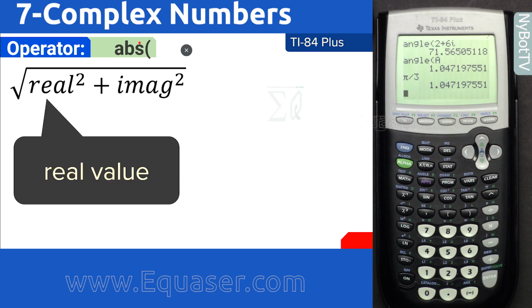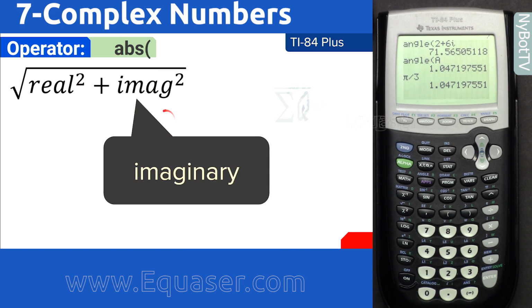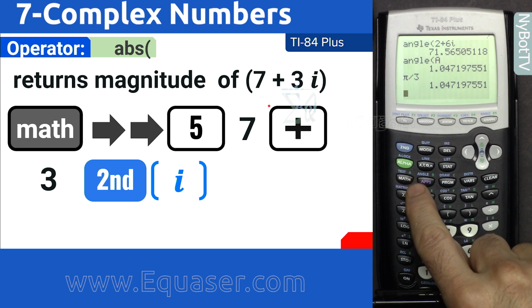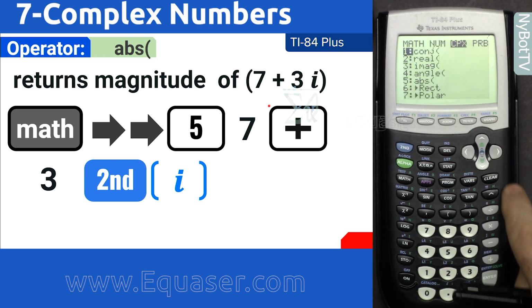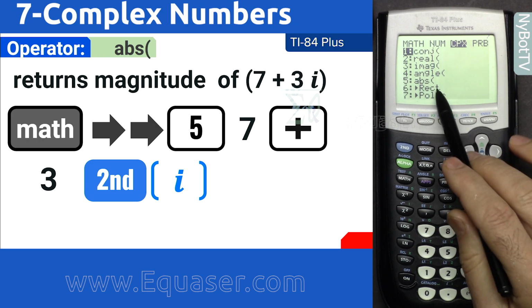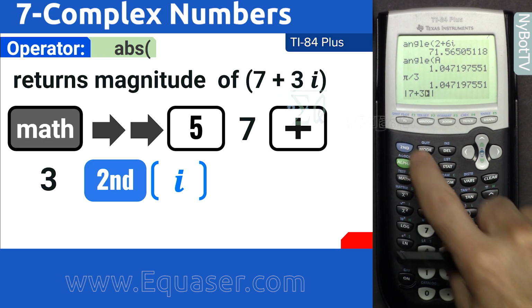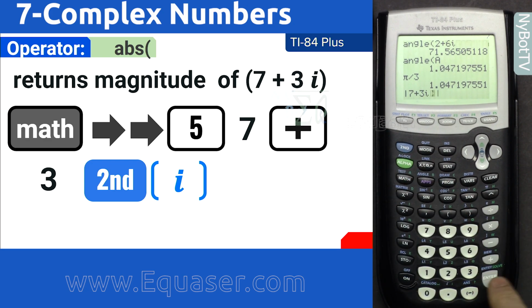When you want to get the absolute value of a complex value, it's the square root of the real value squared plus the imaginary value squared. Now let's get the absolute value of 7 plus 3i: math, complex, this time 5, and then enter the expression 7 plus 3 second function I, and enter.